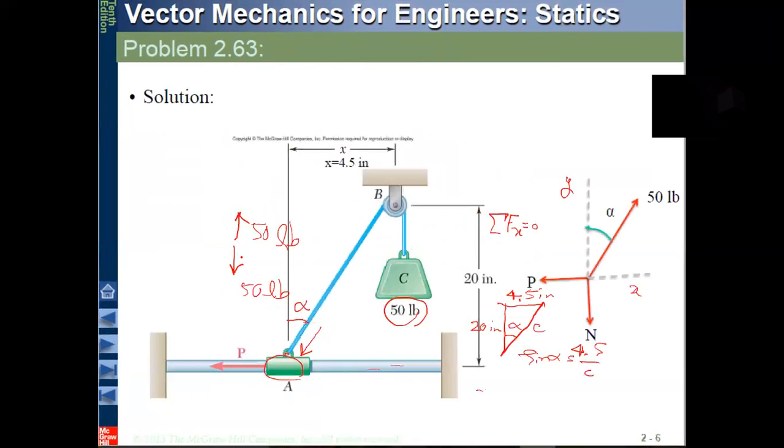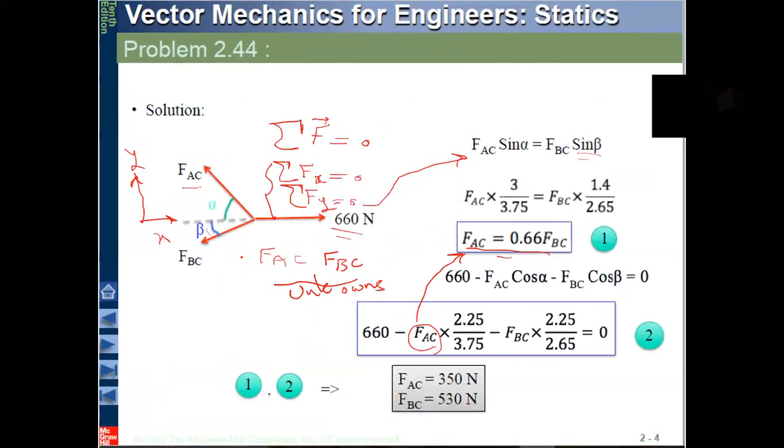Well, the difference between this question and the previous one is that in this one, you need to write both equilibrium equations, sigma Fx equal to 0 and sigma Fy equal to 0, to derive these two forces, because they both have horizontal and vertical components.